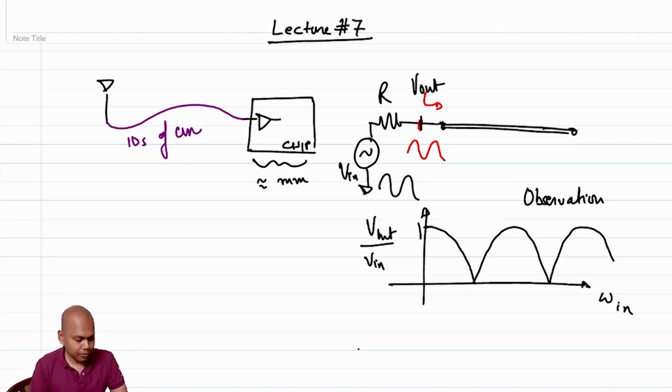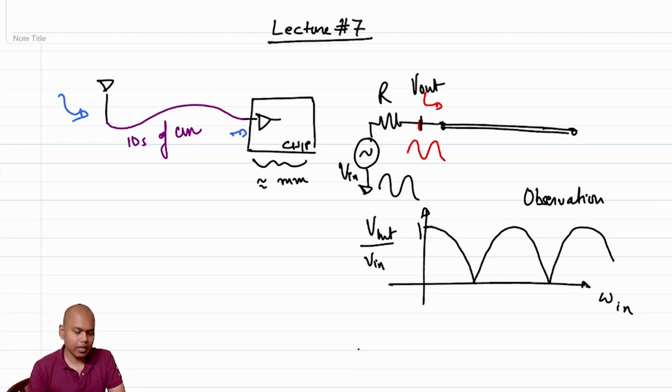It might as well happen that because of this long routing, the signal that is getting transmitted from the antenna does not reach the other end of the cable as is. It might be distorted, or some sort of attenuation has happened.